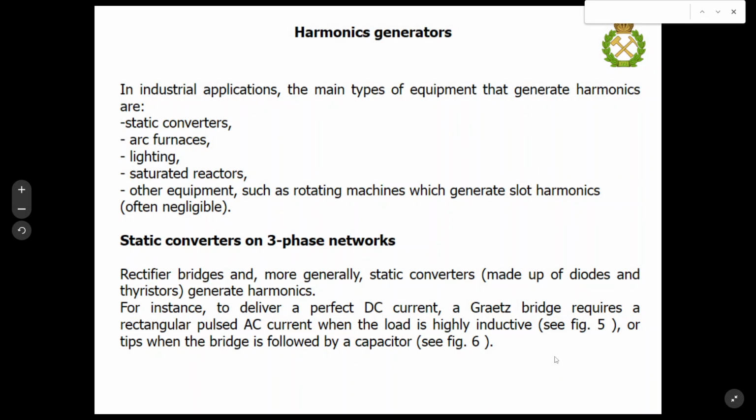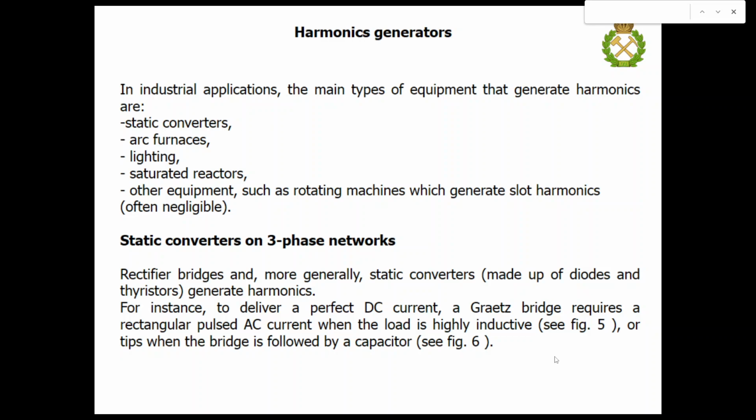And let's consider the main harmonic generators. The main type of harmonic generators is the non-linear load, with non-linear voltage-current characteristic.